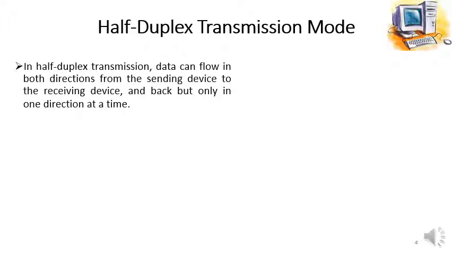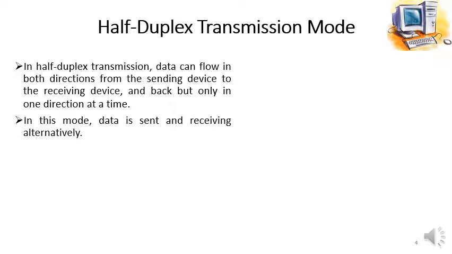So it means that the communication is possible in both directions, but not simultaneously. At a time only in one direction the communication will take place. In this mode, data is sent and received alternately.